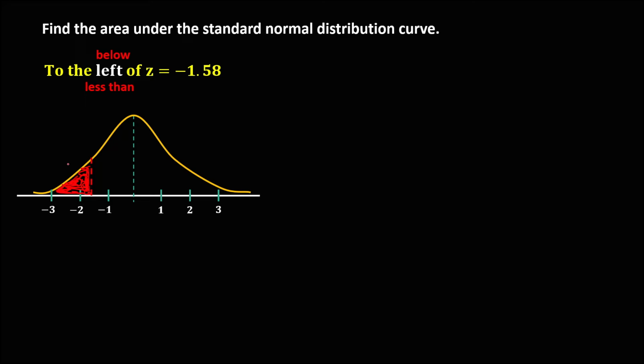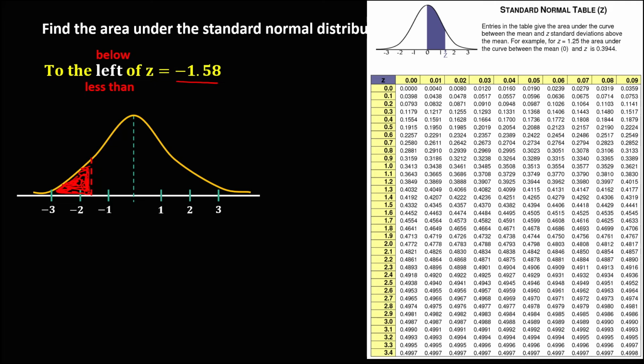So to find this area, first we need to look for the area for this negative 1.58. So from this table, just ignore the negative. So we have this 1.5, then 0.08, that's 1.58.